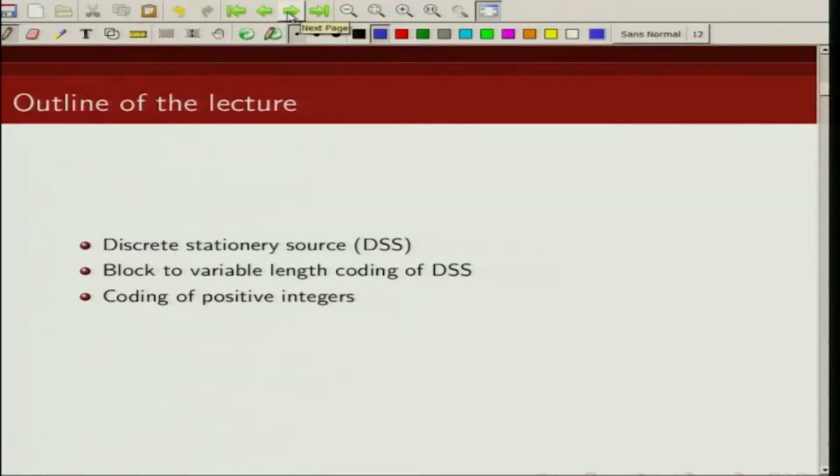We'll talk about a particular coding scheme known as the Elias-Willems source coding algorithm, which uses a technique to code positive numbers. We'll see how to code positive numbers using a prefix-free code, and use that to design the Elias-Willems source coding scheme, which is a block to variable length source coding scheme for a discrete stationary source.